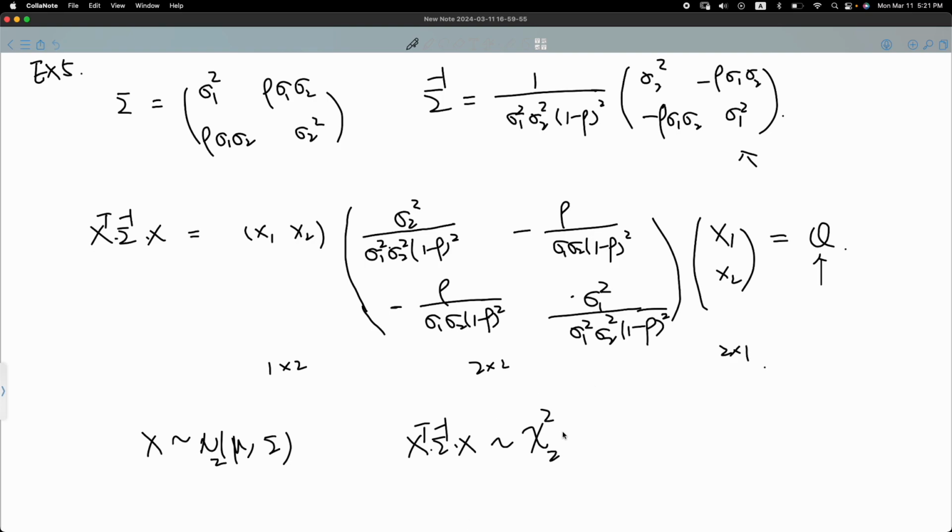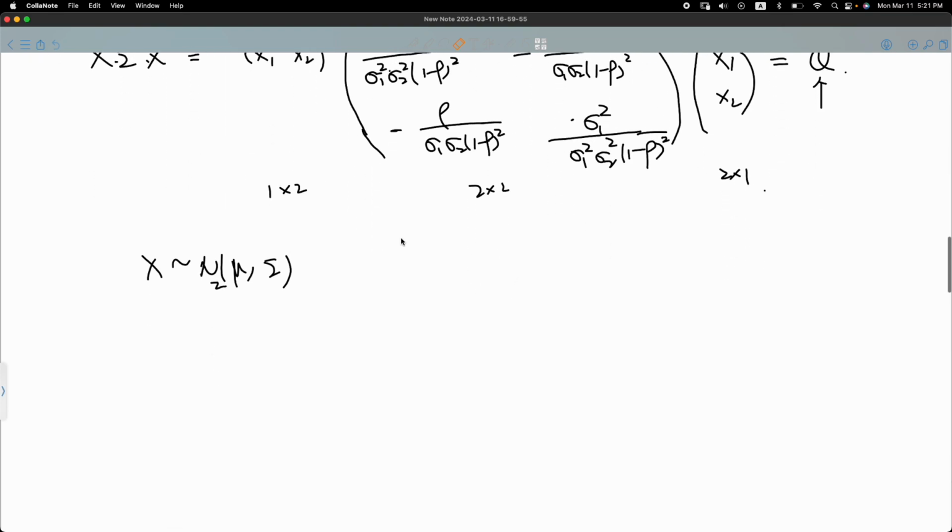And with the non-central parameter, okay, maybe let me back up a little bit. This is the random variable X that follows a bivariate normal.